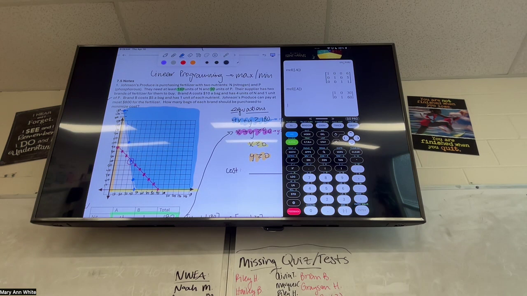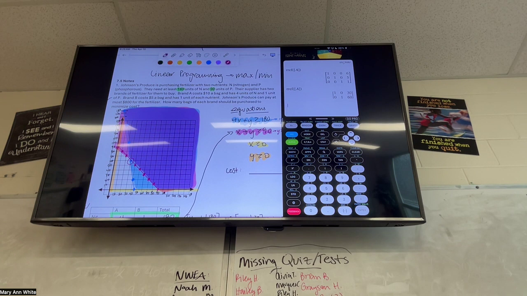I'm also going to shade above that pink line as well. Because we want our answer to be in this purple area where the blue and the pink are both touching.